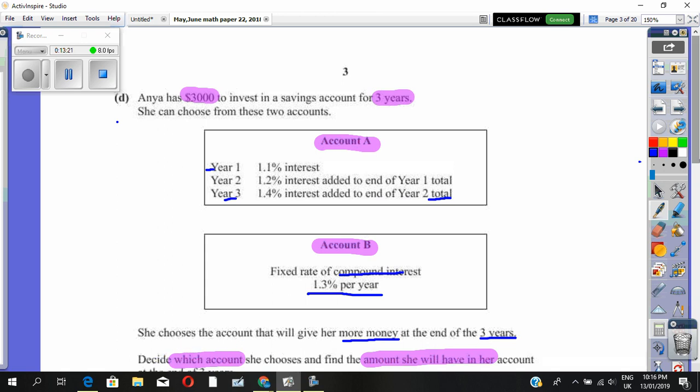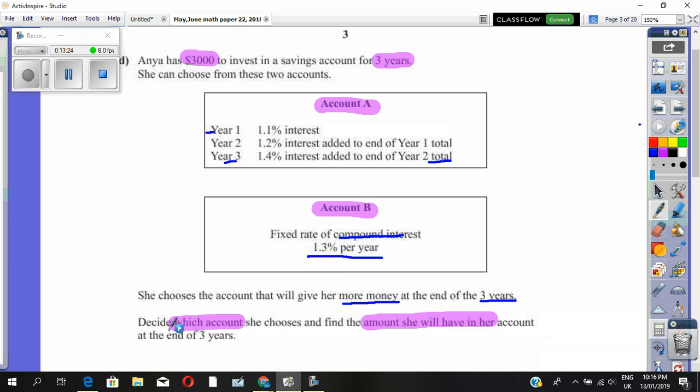Decide which account she chooses and find the amount she will have in her account at the end of 3 years. So there are two parts here. First, we're supposed to choose the account which is better for her, account A or account B. Then we're supposed to find the amount also, for the account she chose.